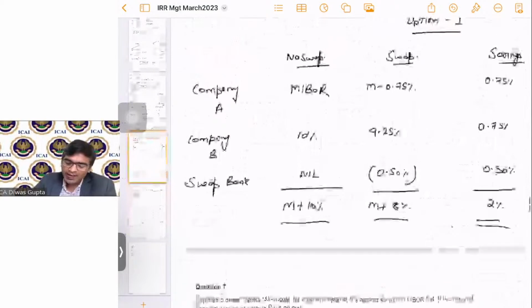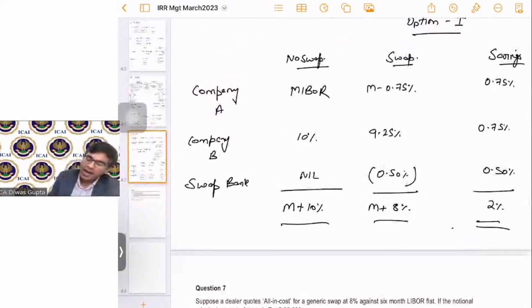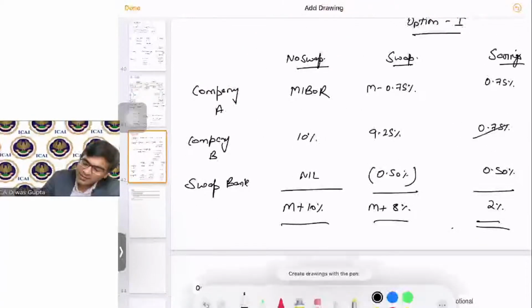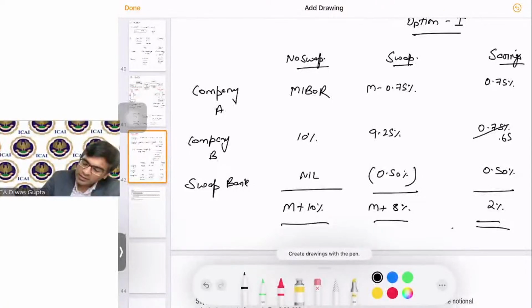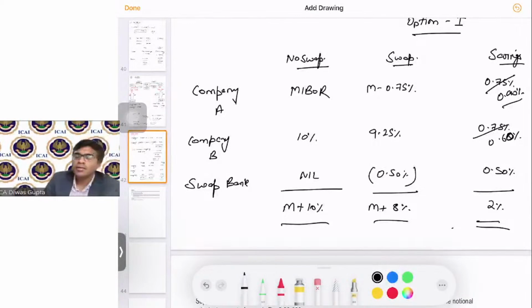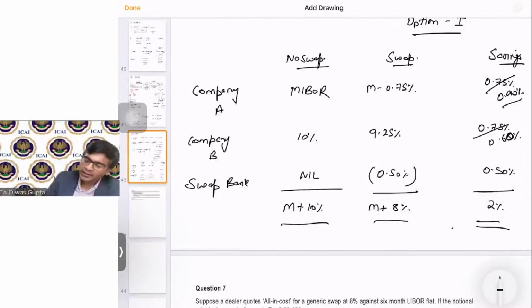So in a way, the swap bank will say that, okay, I will pass on lesser savings. Let's say 0.60 only. And here I will pass on 0.90, something like this. I will charge higher amount from company B because company B is holding lower credit rating.